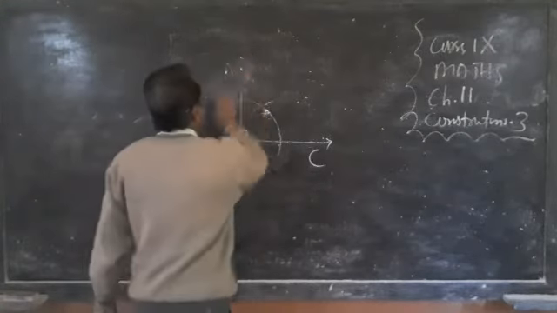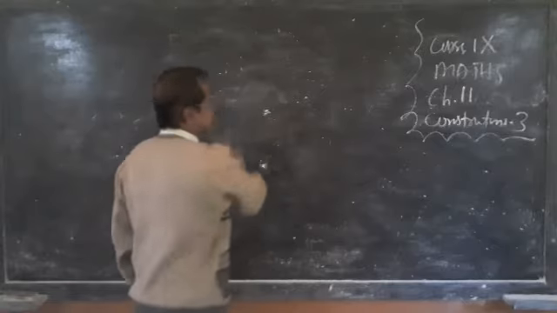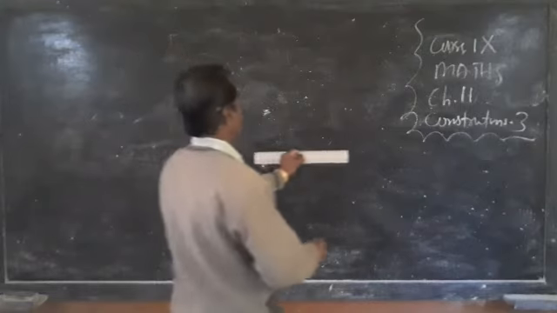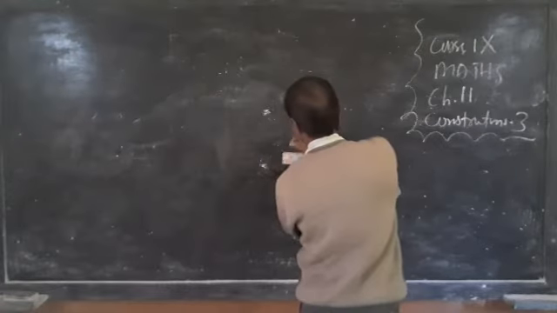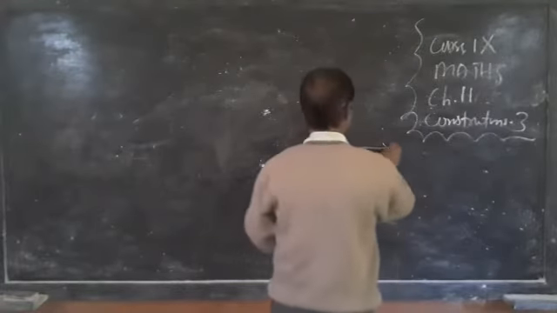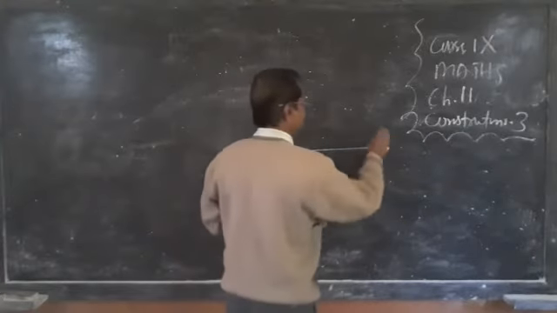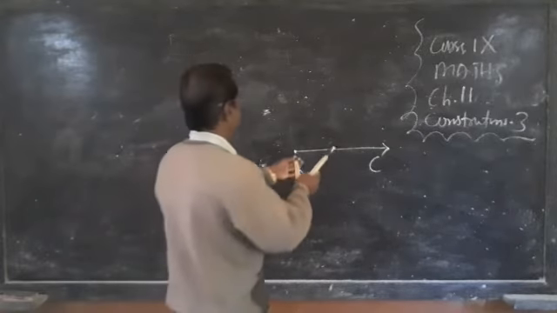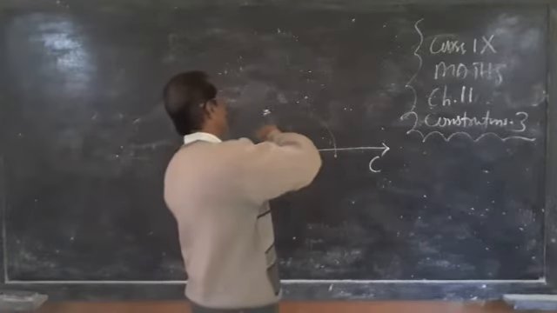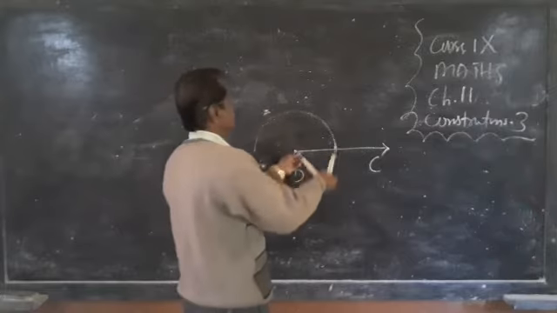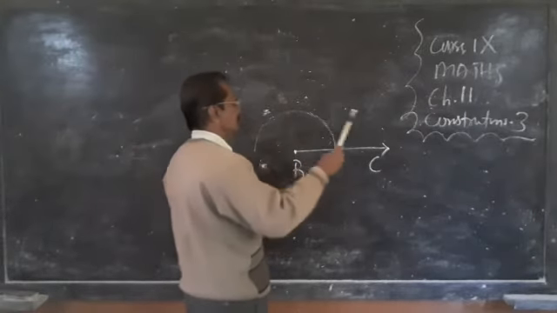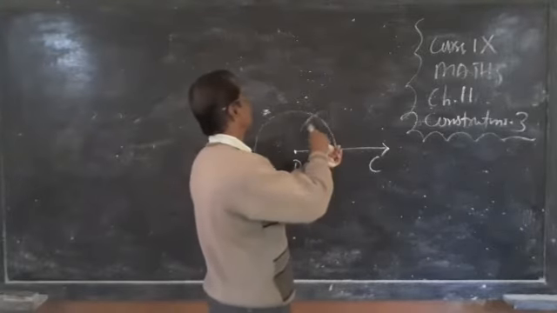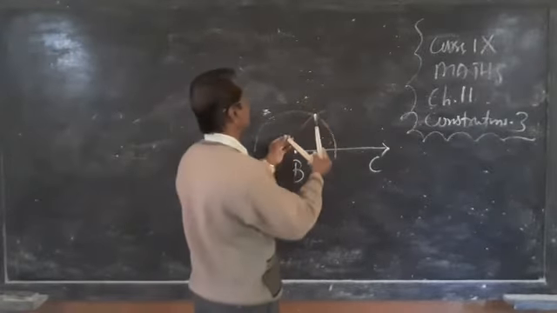Okay, I will repeat once again. First of all, construct ray BC. With an appropriate radius, draw a semicircular arc, and it will intersect BC at one point. From that point find the 60 degree point.